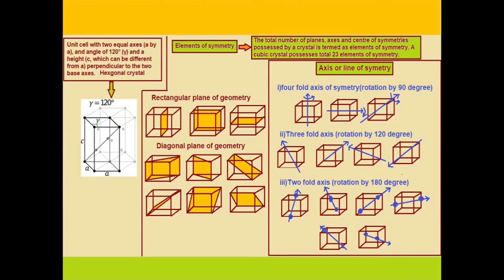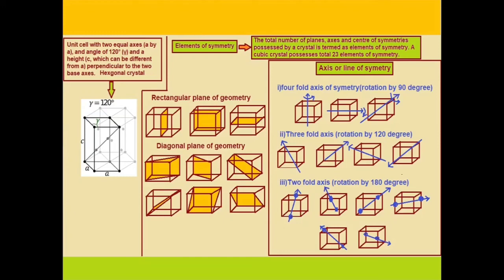is a French physicist. In the second column, in the middle, we are going to consider the elements of symmetry. What is the element of symmetry? The total number of planes, axes and centers of symmetry possessed by a crystal is termed as elements of symmetry. A cubic crystal possesses a total of 23 elements of symmetry.